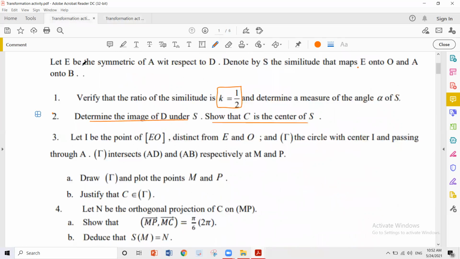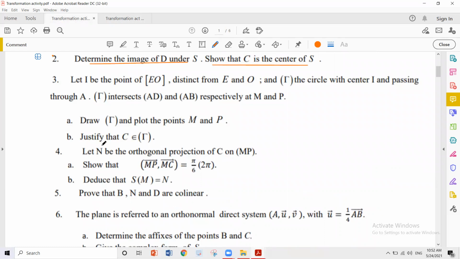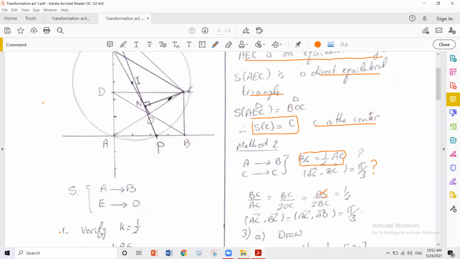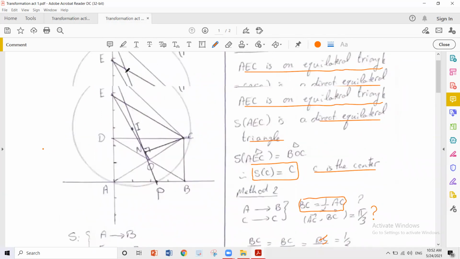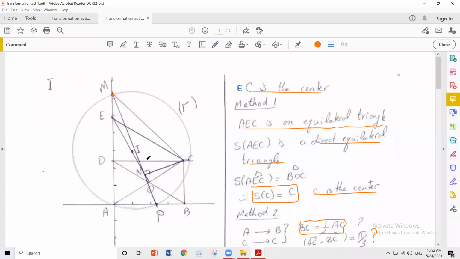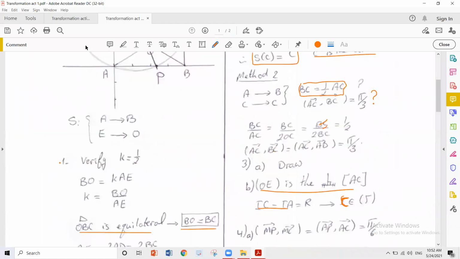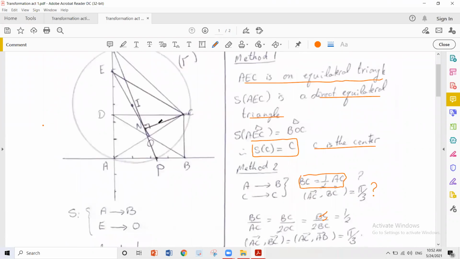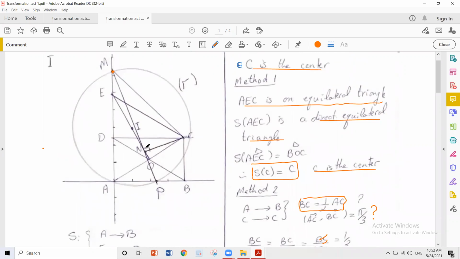For part A, let N be the orthogonal projection of C on MP. N is the orthogonal projection of C on MP. 90 degrees.